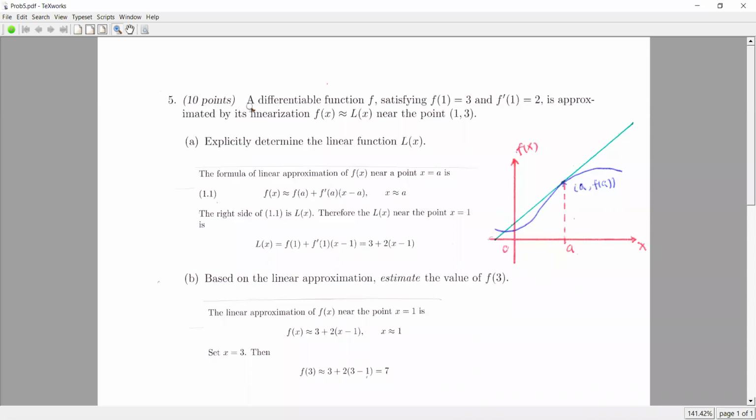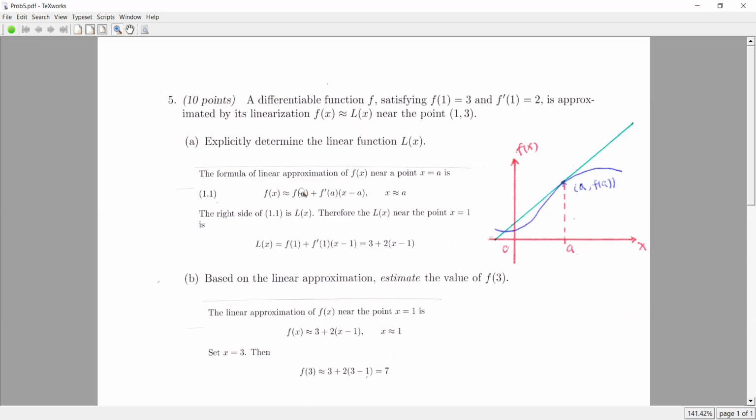Now, the problem. A differentiable function f. Differentiable function f means the function f has derivative everywhere. Satisfying function value at 1 is 3. That means that this point is 1 and 3. And the derivative of function f at 1 is 2, is approximated by its linear approximation.